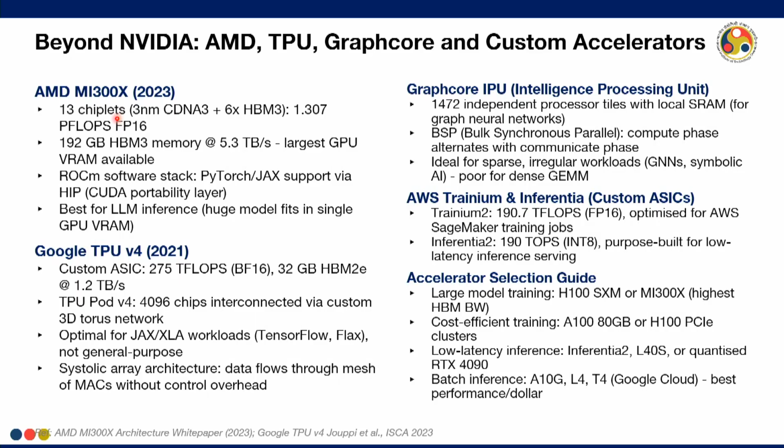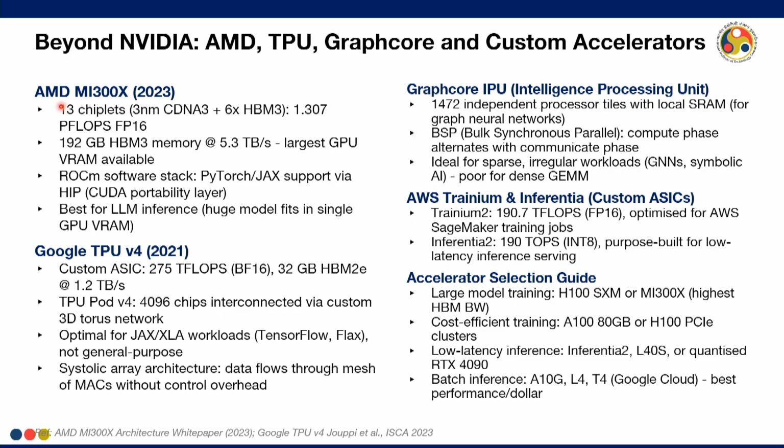Okay, so beyond the NVIDIA GPUs, which are obviously widely used now, NVIDIA is a giant in the AI workload domain. However, there are other players as well, which keep on rising, like AMD.